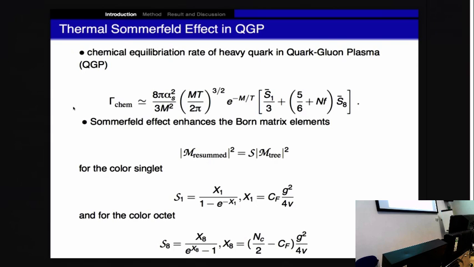And there is this S-bar factor, called the Sommerfeld enhancement factor. The idea is that compared to tree level, if you have slowly moving particles, they will be enhanced.